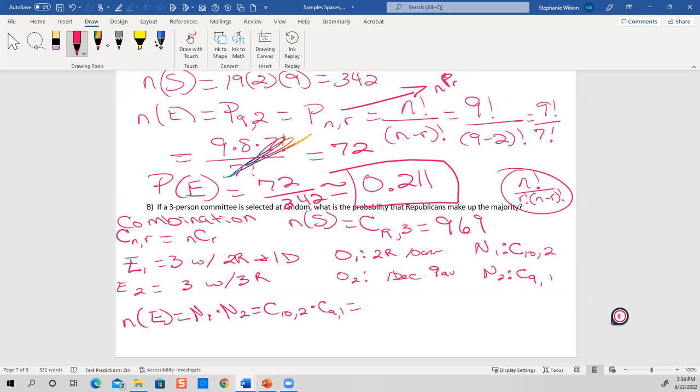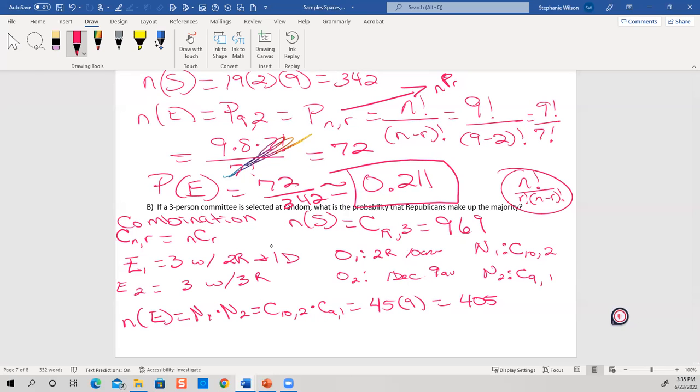And you've got 2 options. You can write that answer down, which is 45. And we're going to multiply it by the next fraction. I have 9 factorial over 1 factorial times 9 minus 1 factorial, and it gives me 9. So now we have 45 times 9 is 405. Okay. So now we know what event 1 is.